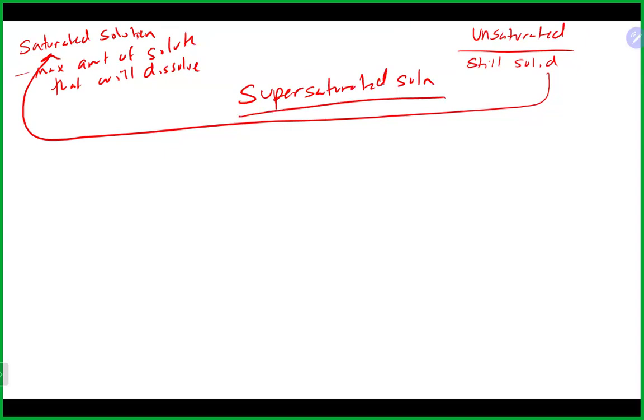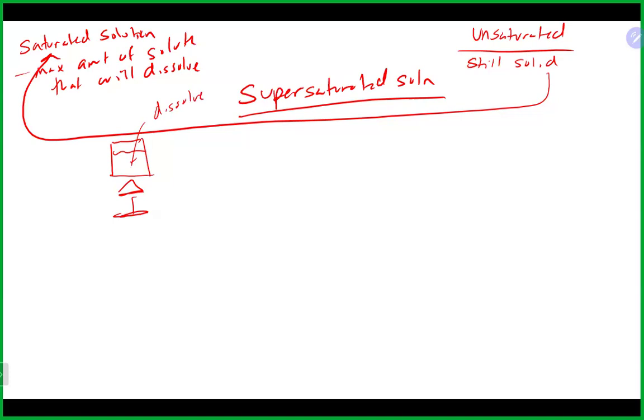A supersaturated solution is a solution that is basically made this way. You typically will take something like a test tube or a beaker and you'll heat it up. As you're heating it up, you will start to dissolve some solute in it to make a solution. So you'll start to dissolve some stuff.